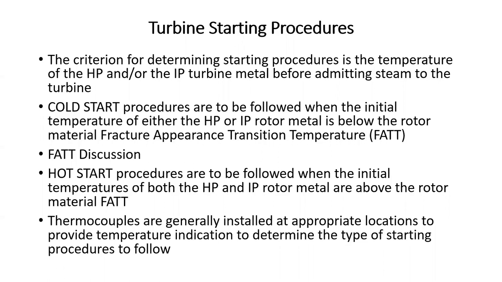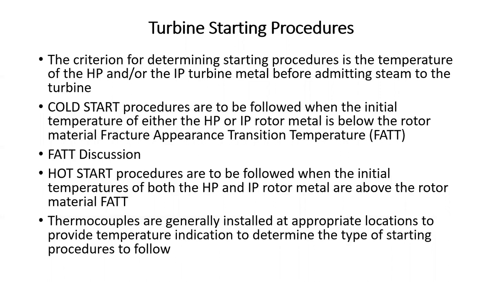Now, if you read a different paper, you need to read for the transition temperature and how they are determining it for that particular paper. But in my experience, it's usually the 50-50 in terms of the appearance of the fracture surface.